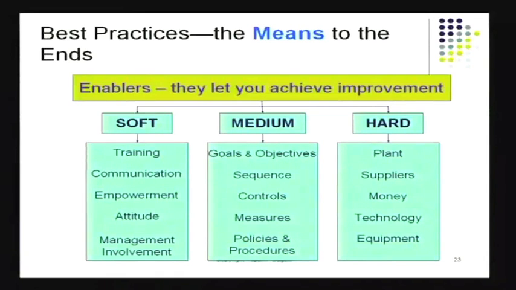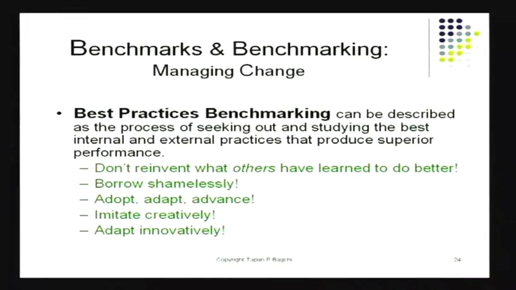I have to really climb up there, and that would require these different options. So I've got the soft options, I've got the medium strength options, then I've got the hard options. They may really require new technology, a lot of money and equipment. But if you have to survive, if you have to compete in the marketplace, I have no choice but to do these things. That is something that would be required there.